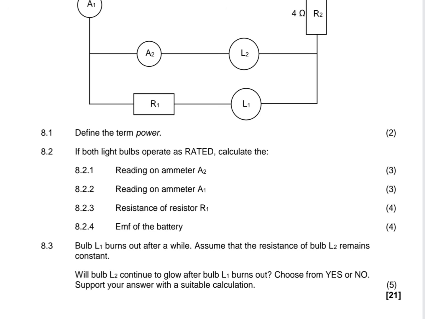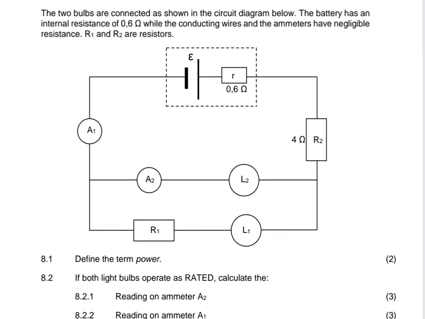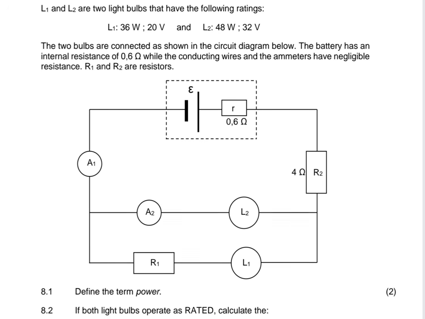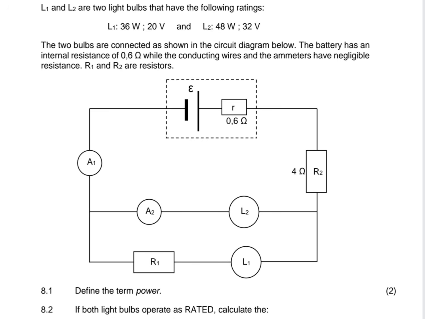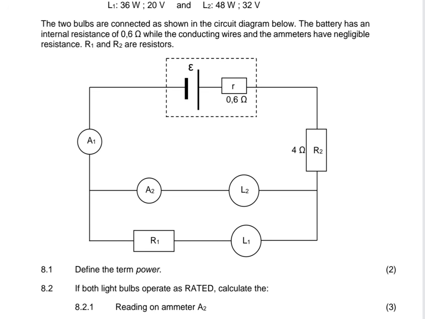Calculate the reading on ammeter 2 if both bulbs operated as rated. Okay, so L2, what do we know about L2? We know that it has a power of 48 watts and a voltage of 32. So to calculate the reading on the ammeter, which means the current, we can use the formula for power, P = VI.